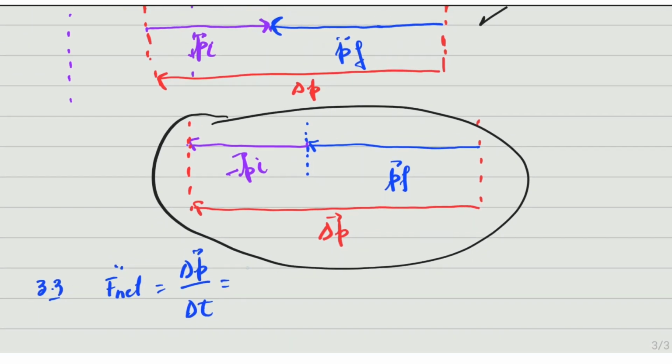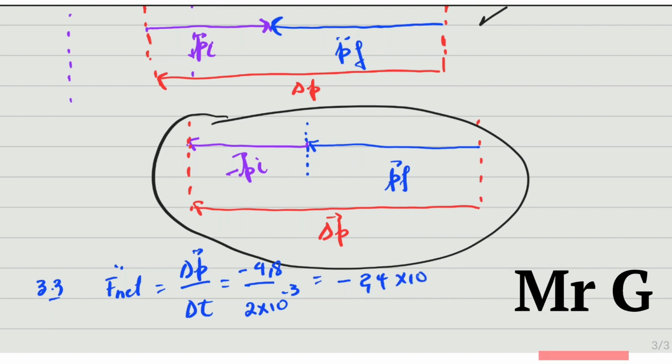And as we said before, let's substitute the minus already. So it's going to be minus 4.8, that is what you got there, divided by the time, which is 2 times 10 to the minus 3. And the final answer will be minus 2.4 times 10 to the 3 Newton. That is the answer there.